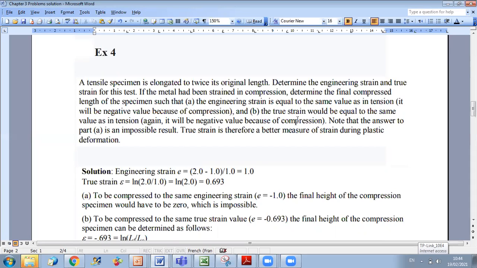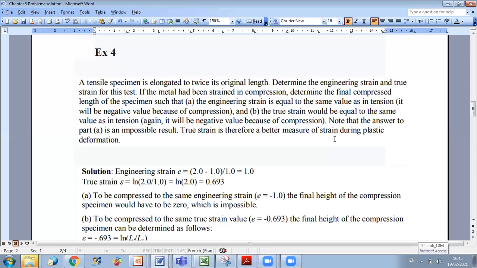And B, the true strain is equal to the same value as in tension, again negative because of compression. The purpose of this example is that we will see that in part A the result is impossible, and this will show us that the true strain is a better measure of strain during plastic deformation.